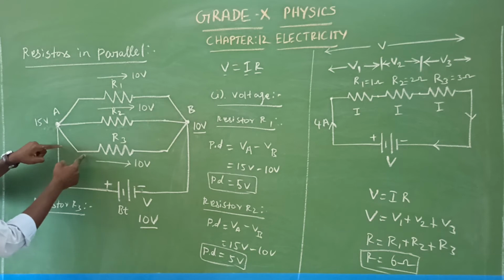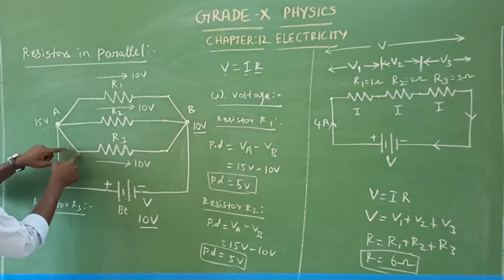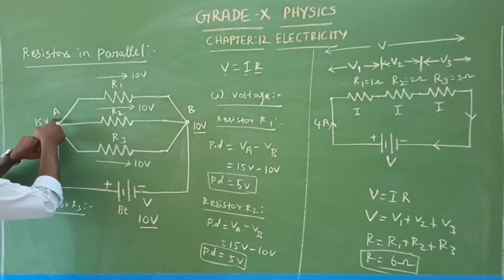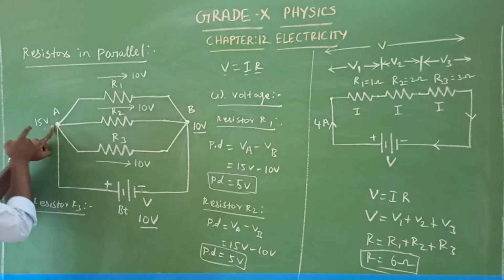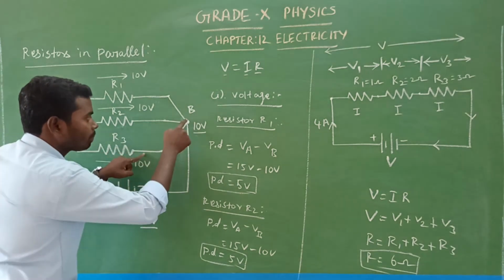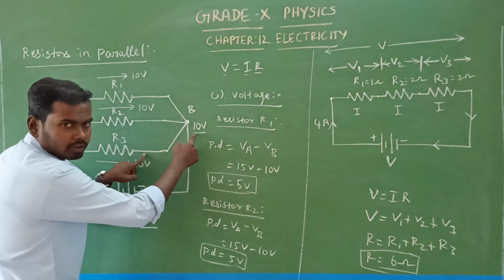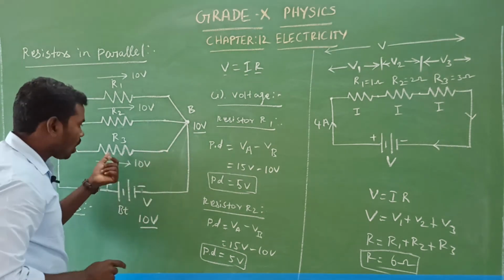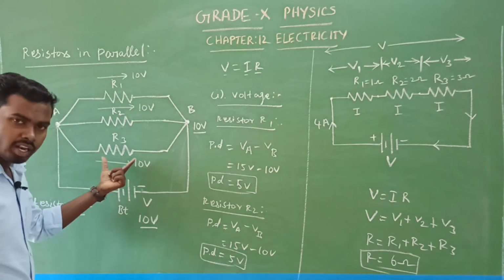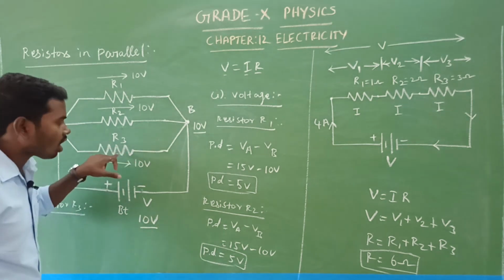Look at here. One end of the resistor R3 is connected to the point A. At point A, the potential is 15 volt. The other end of the resistor R3 is connected to the point B. At point B, the potential is 10 volt. Now we are going to find out the potential difference value across the resistor R3.